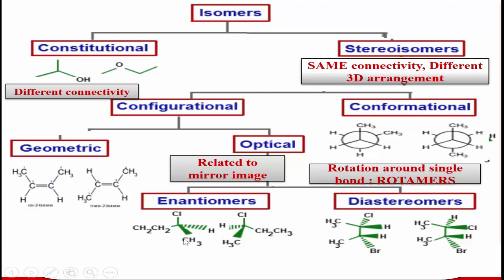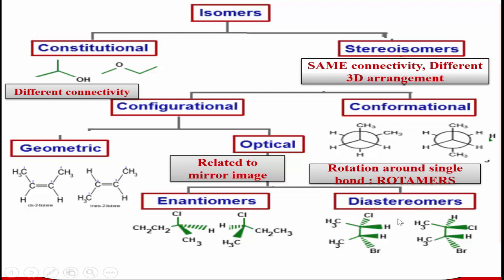So these two are enantiomers of one another, and if you try to put a mirror in between these two, you can see that they are mirror images of one another, but that mirror image is non-superposable. If you try to superimpose these two on one another, you will realize that their mirror image is non-superposable.